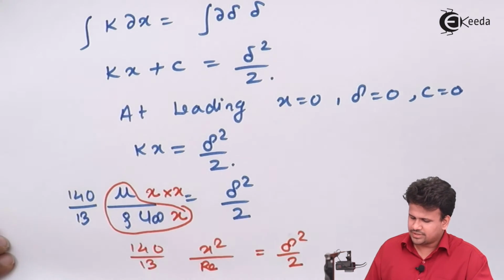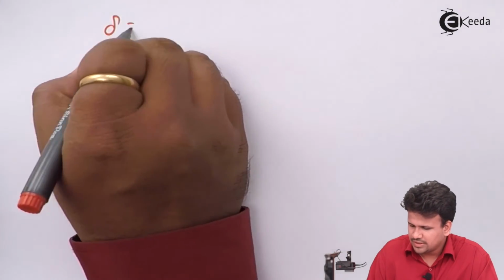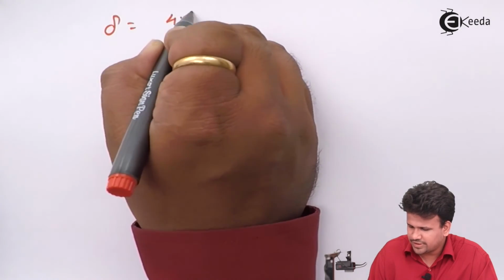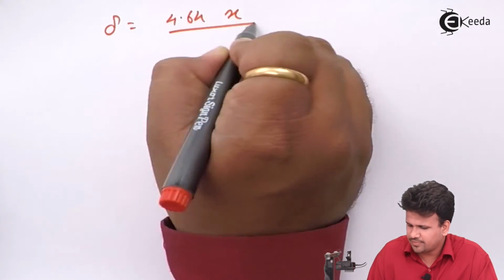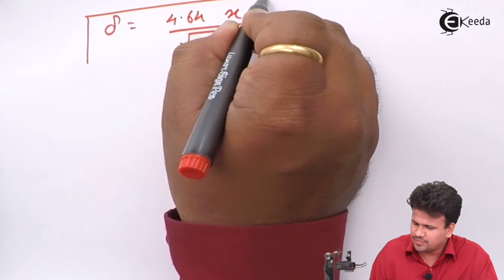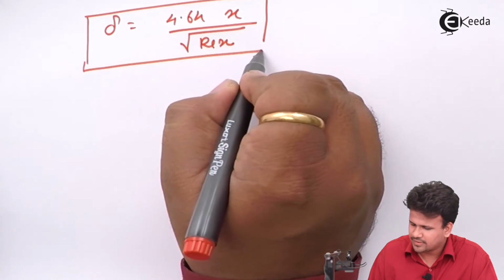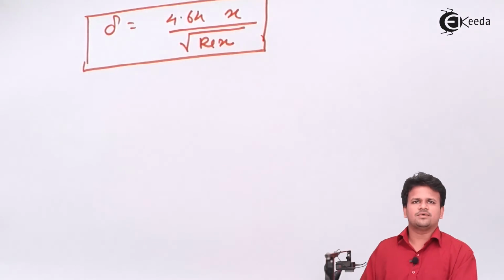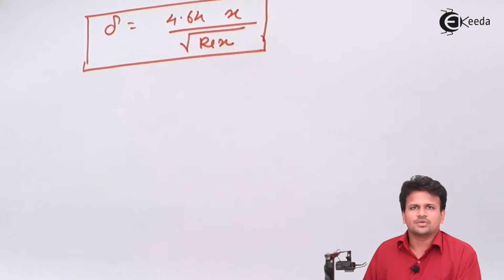On taking this to the other side and taking square roots, delta will be equal to 4.64 times x upon the square root of Re_x. So this is the boundary layer thickness in terms of x as well as Reynolds number.